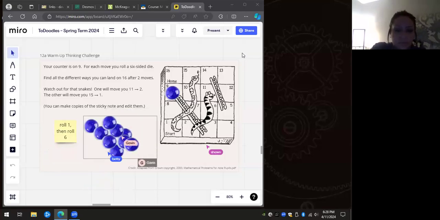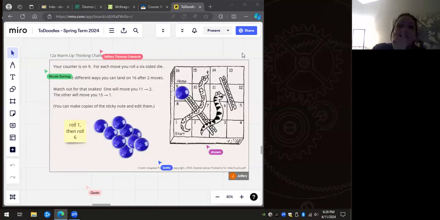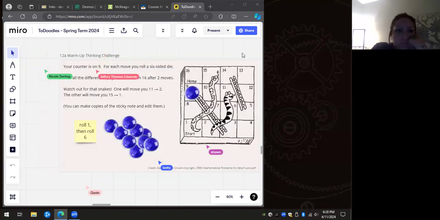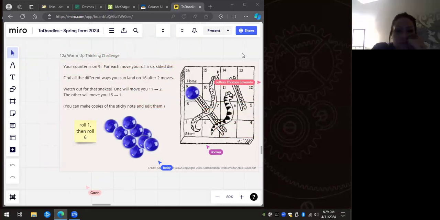Okay, so we've sort of dealt with the tech thing, but not really. Our warm up for activity 12 is snakes and ladders. So imagine we have this very small game board with only 16 squares, and our counter is on 9.